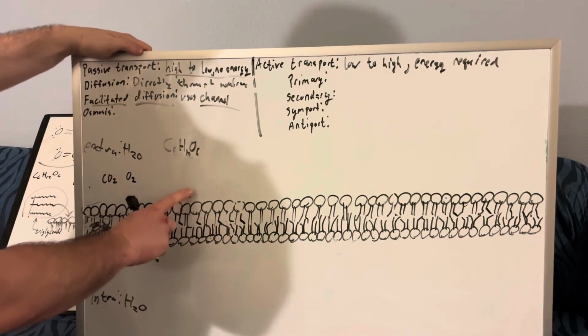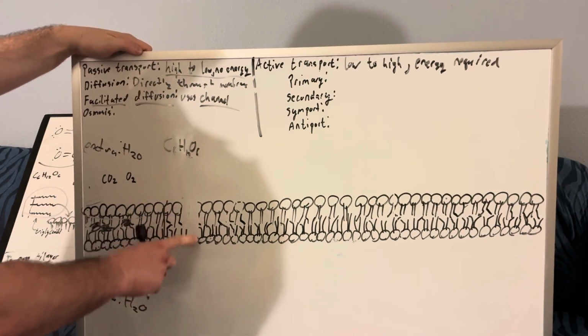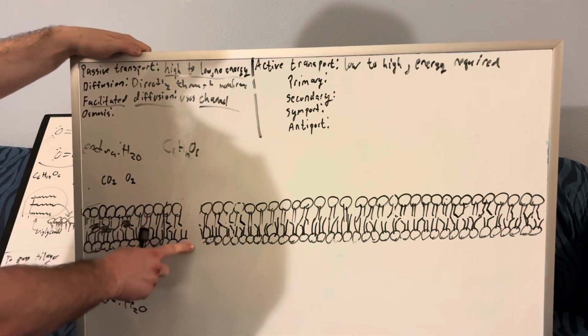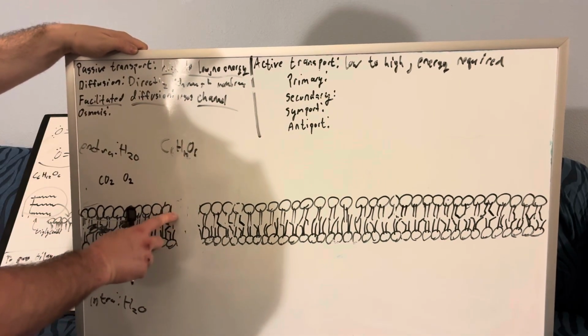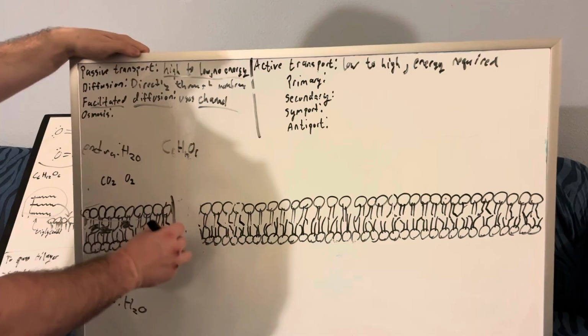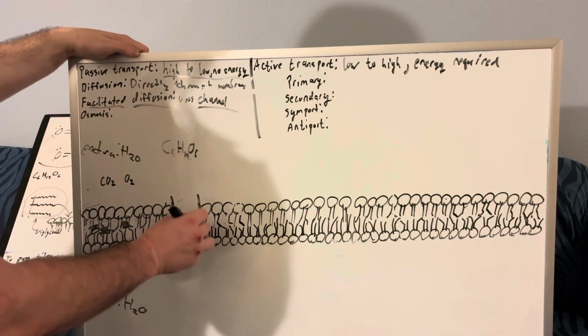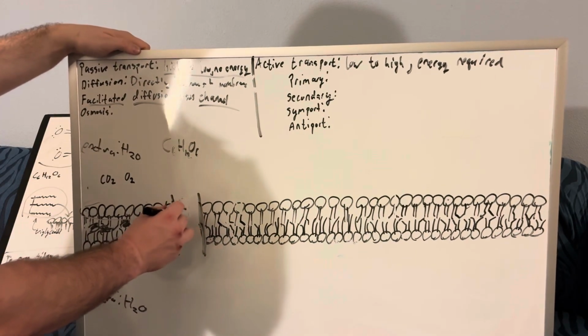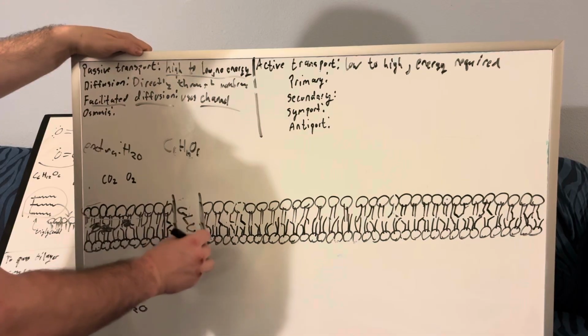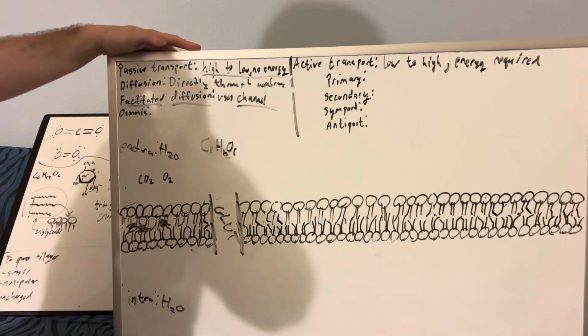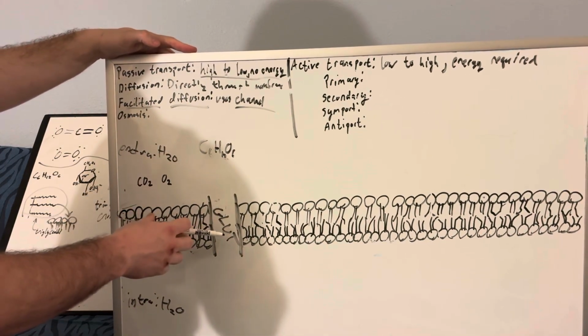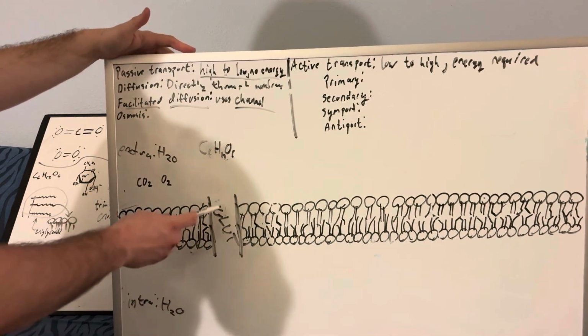So glucose, instead of going through the bilayer, and I'm going to erase some stuff here, make a new thing. Glucose is going to go through specifically the GLUT receptor, or the GLUT channel, whatever it is. Let's say that it's a channel.